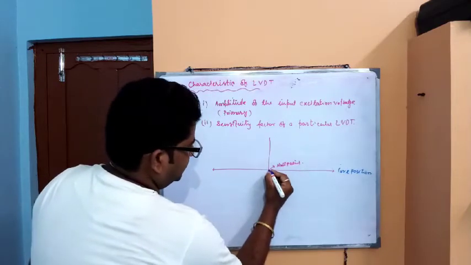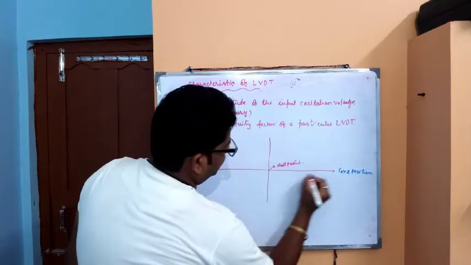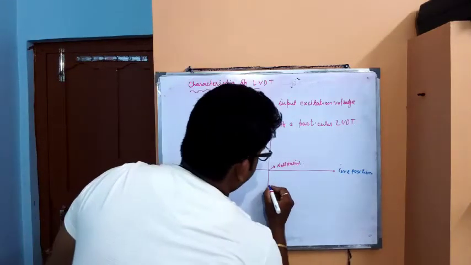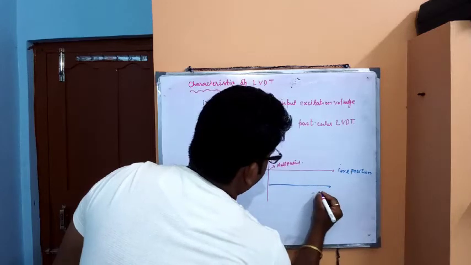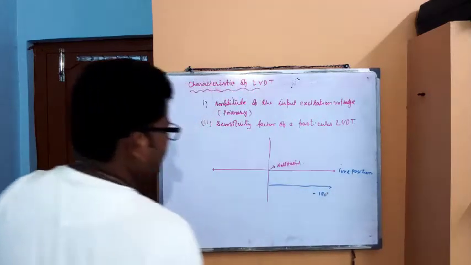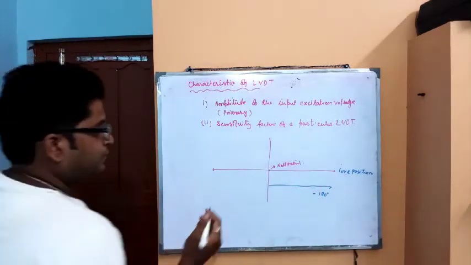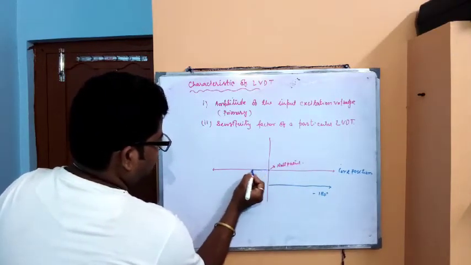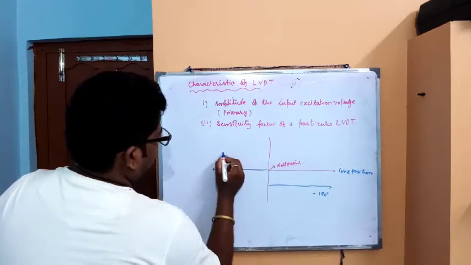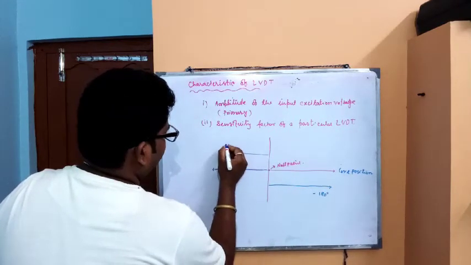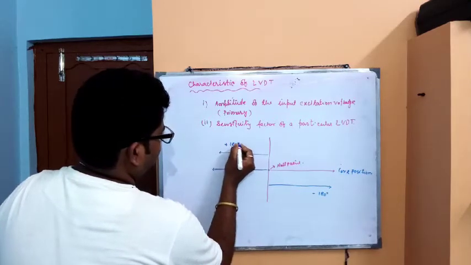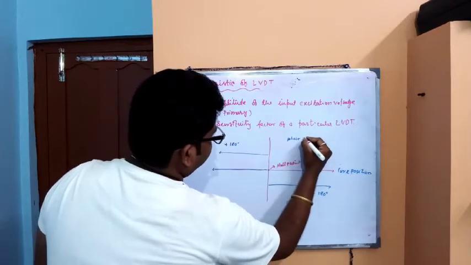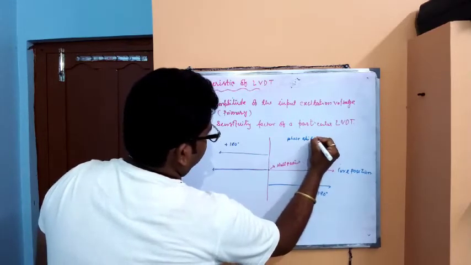If we consider this point as the null point, as the core moves toward the right hand side direction, then we have a phase shift of minus 180 degrees. And if the core is moving in the left hand side direction along this line, then we have a phase shift of plus 180 degrees. So this curve represents the phase shift in degrees.